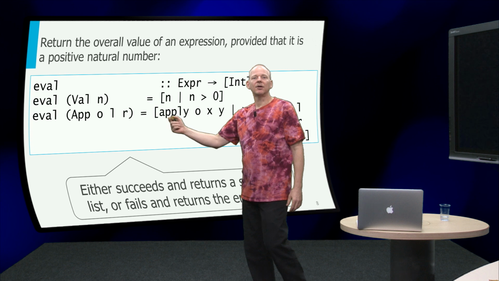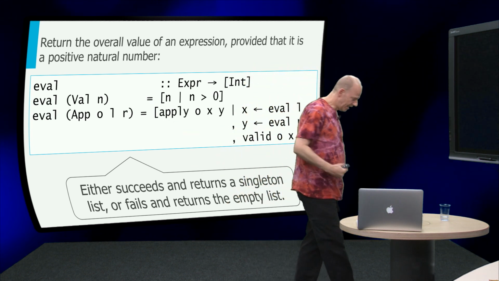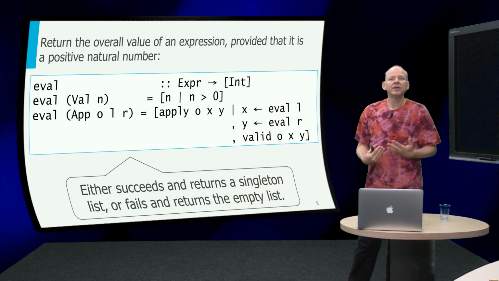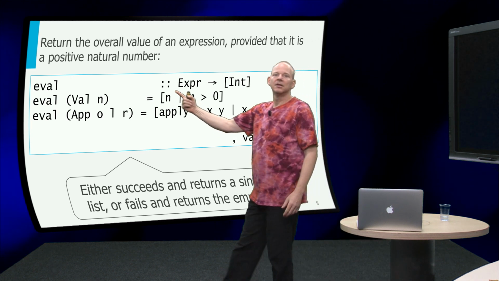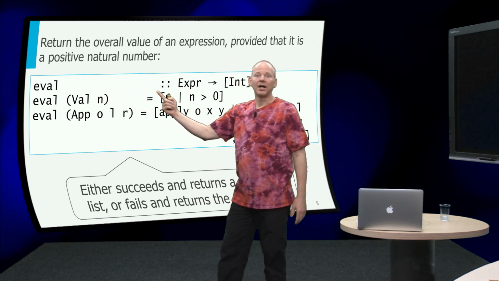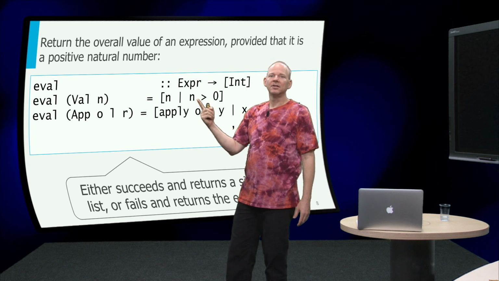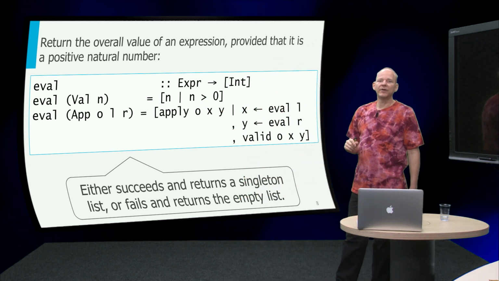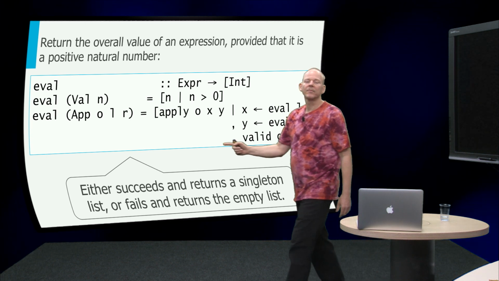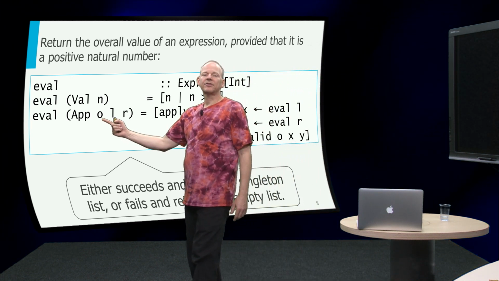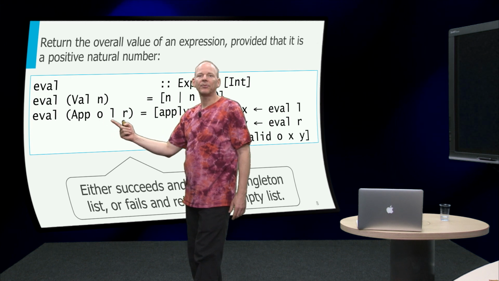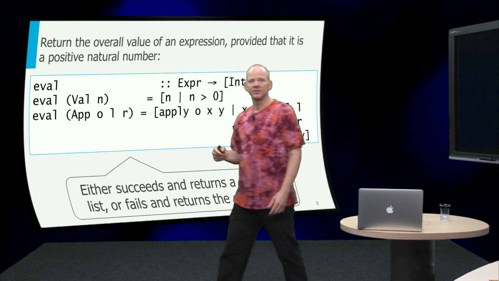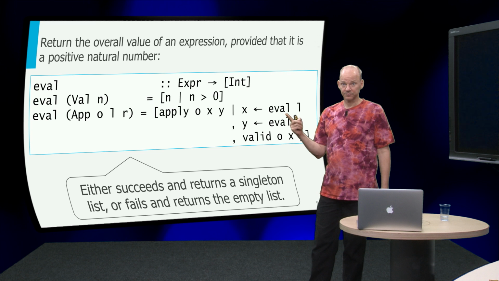Okay, so let's see how the evaluation works. Again, it's defined recursively over expressions. We either have a value, and in that case it succeeds if the value is greater than 0. And if we have an expression that is the application of an operator to two sub-expressions, what do we do?